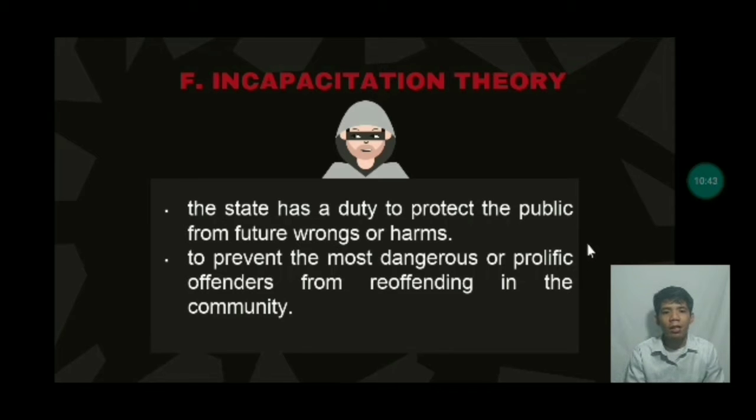This theory states that the state has a responsibility to protect the people from wrongdoings or harms that can affect people. They prevent future crimes to protect our society or community. It also aims to prevent future crimes by removing the offenders from society.